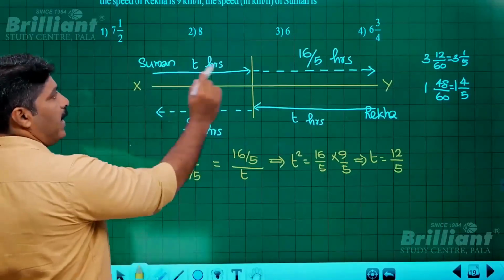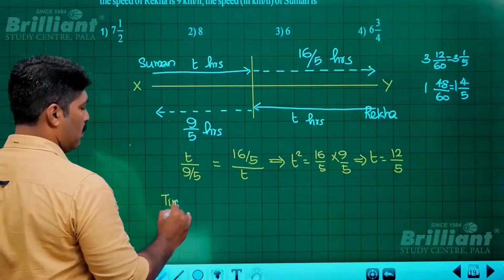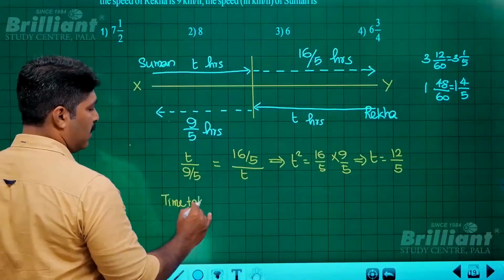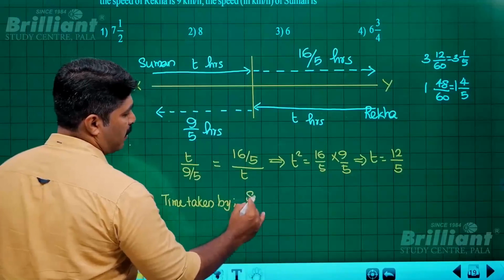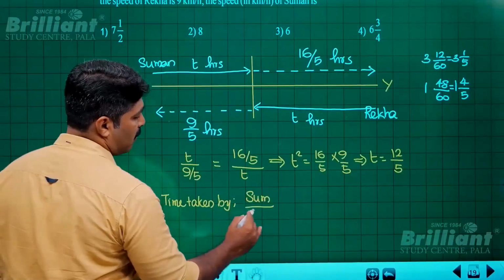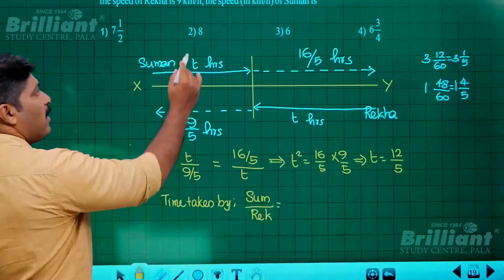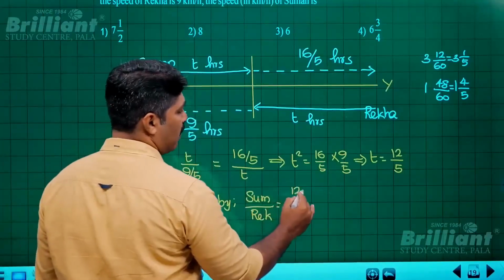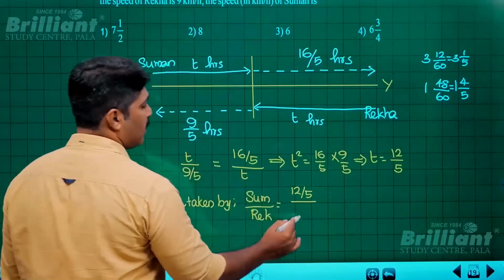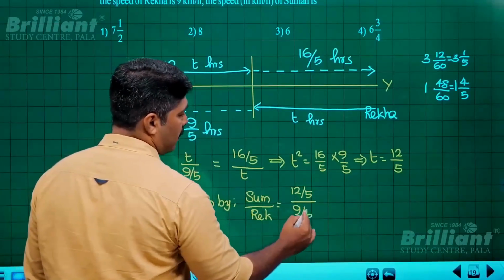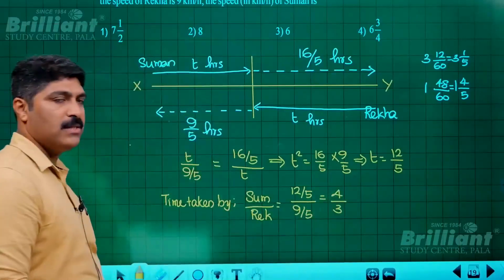Therefore, for covering a constant distance, the time taken by Suman is to Rekha. We have the value of T as 12/5, and the other time is 9/5, which is equal to 4/3. Clear? So that is 4/3.